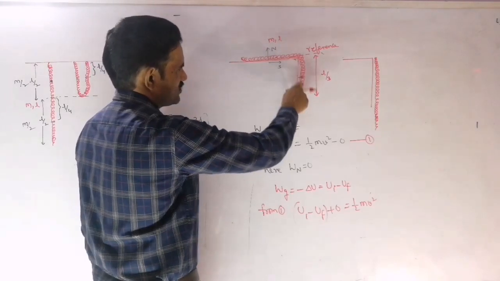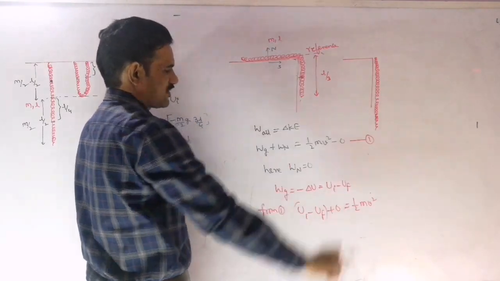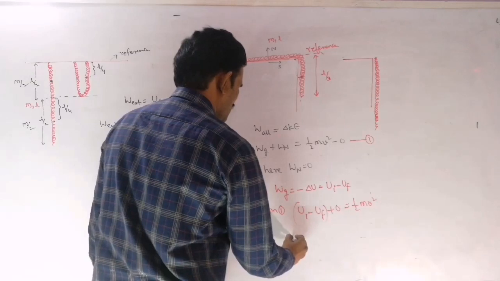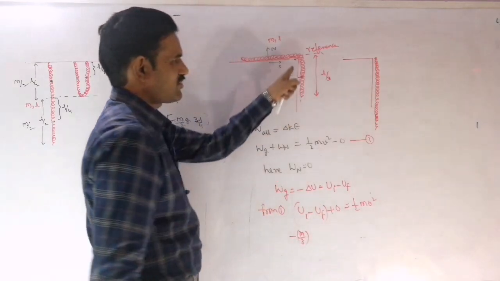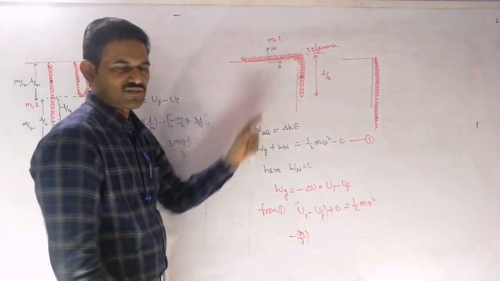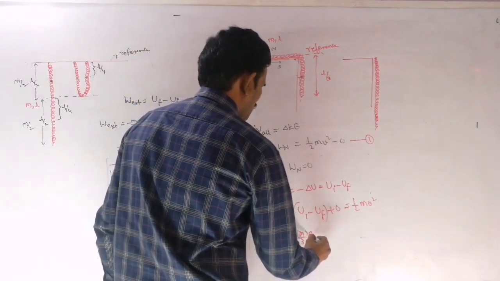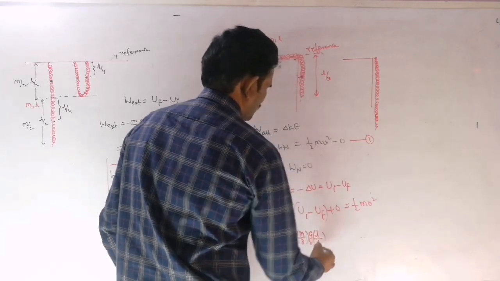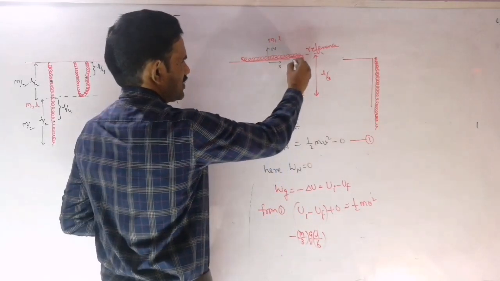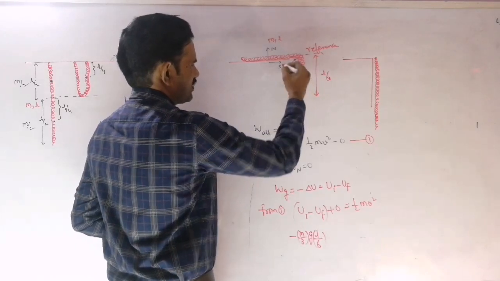Taking the same reference, the initial potential energy is minus m by 3, the mass of the hanging part, since L by 3 is hanging, into g into L by 6, half of the hanging part.